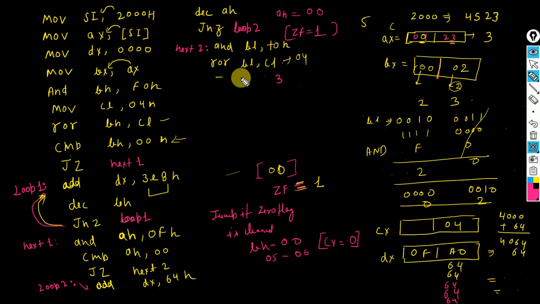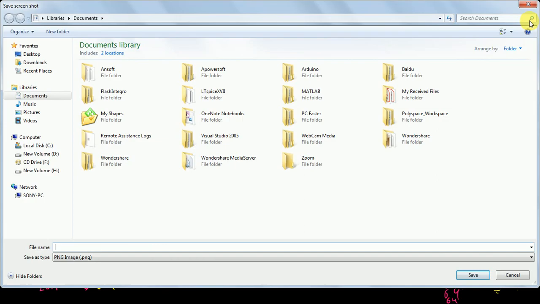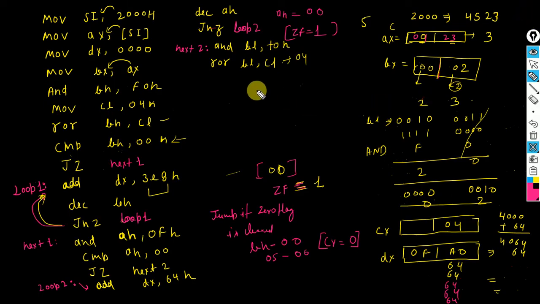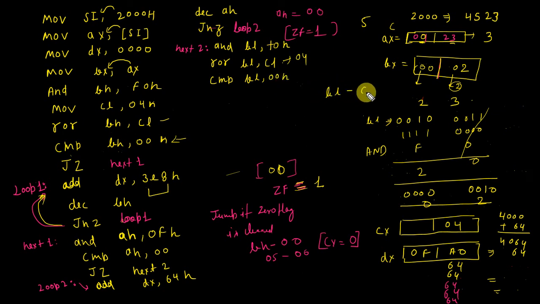So write down here CMP BL, 00H. In this case we compare our BL register with this 0 value.